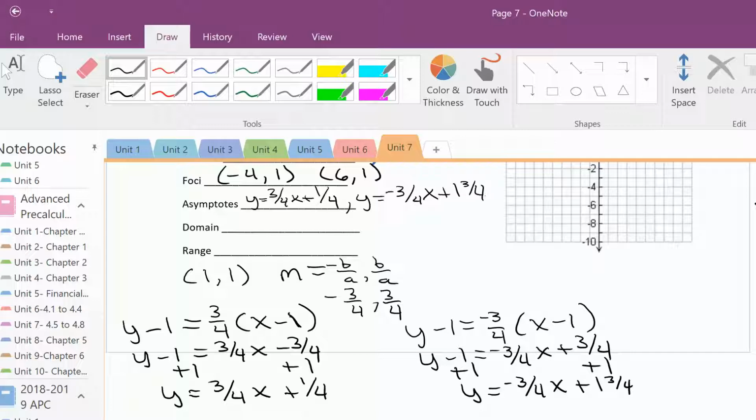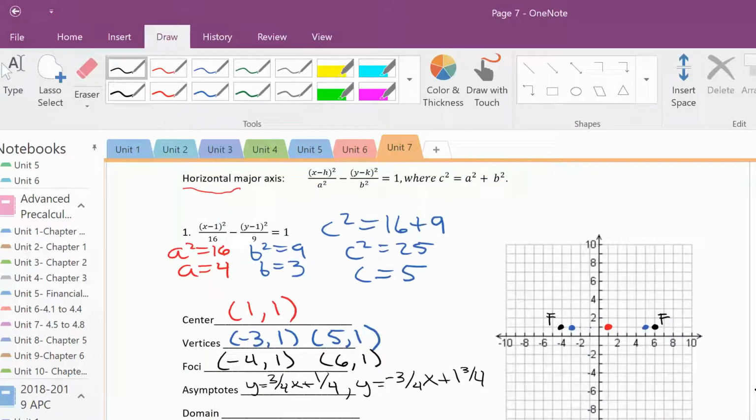All right, so now remember when we draw this, from the center, we went 4 this way, but our b is 3, so we can go up 3, and we can go down 3, and then you can draw your box.